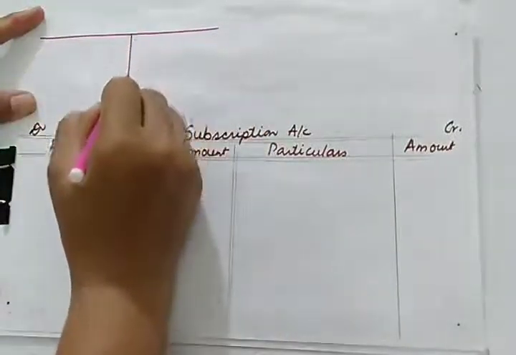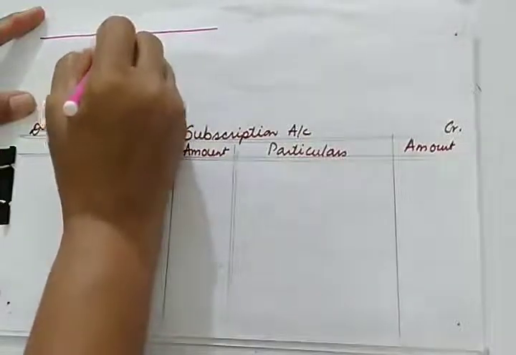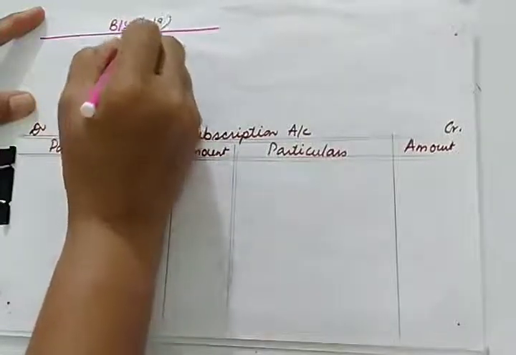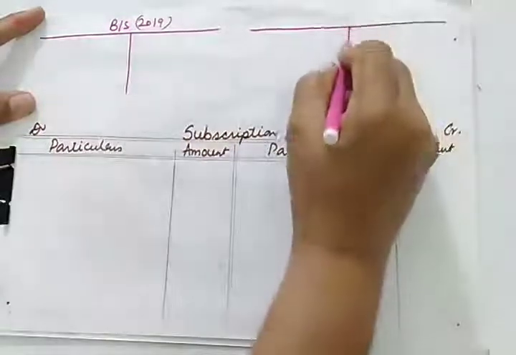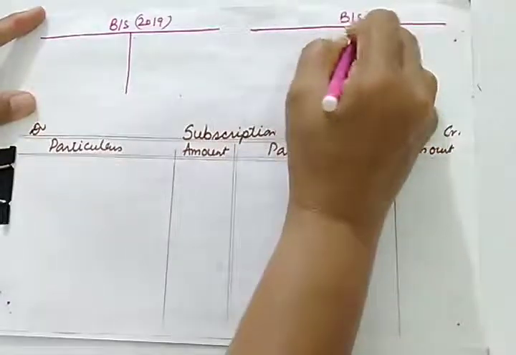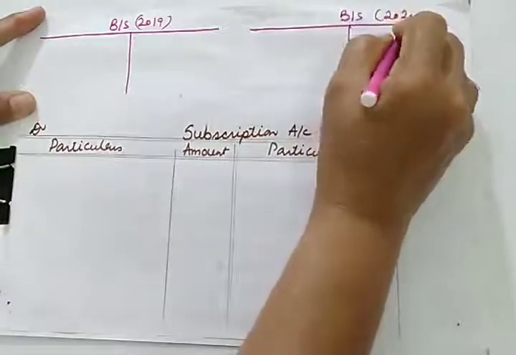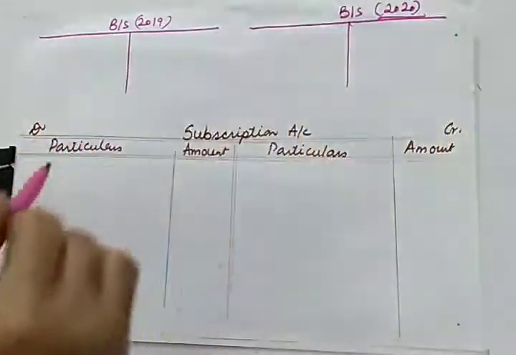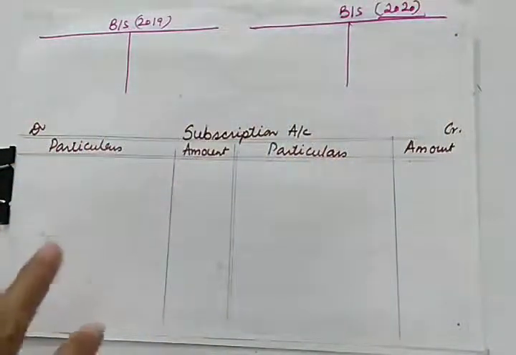So this is my balance sheet of previous year 2019, and this is the balance sheet of 2020, you will make proper format. I just want to teach you what is to be written in the balance sheet.